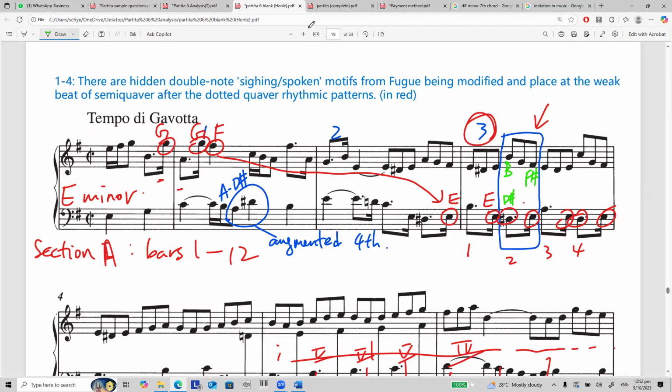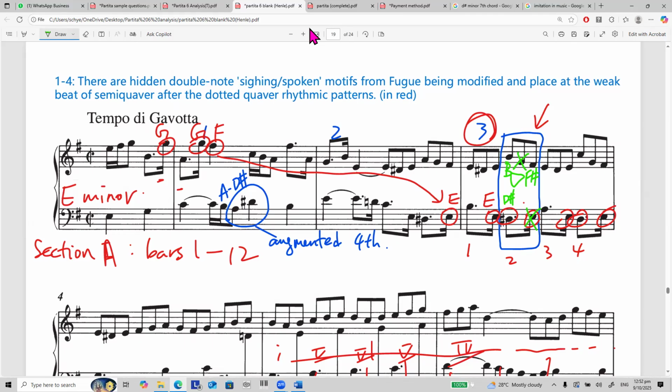So the main notes are B, D sharp, and F sharp, and these are the three letters that can form a chord. And this E and G don't seem to be related to B, D sharp, F sharp, so we can just take it as a changing note.